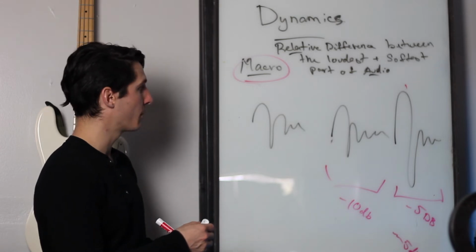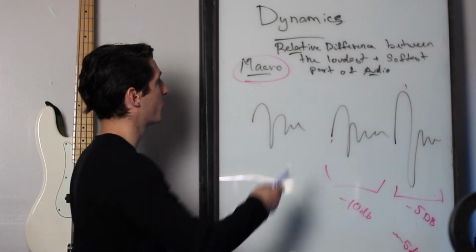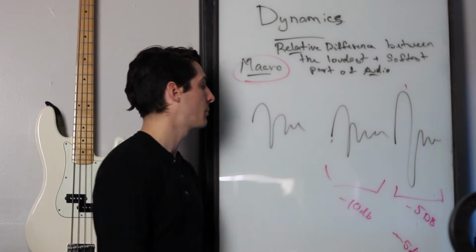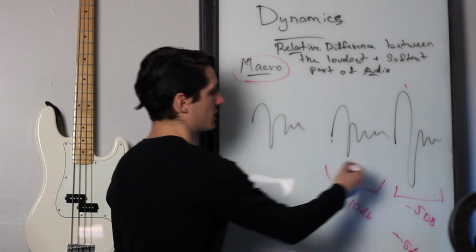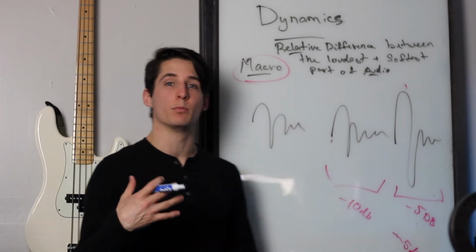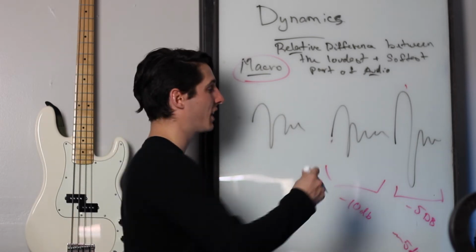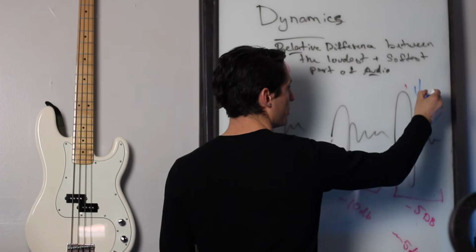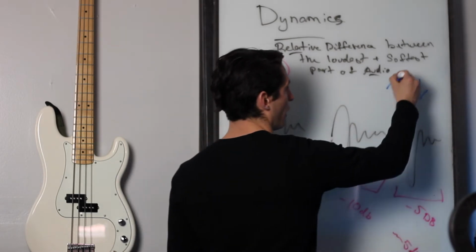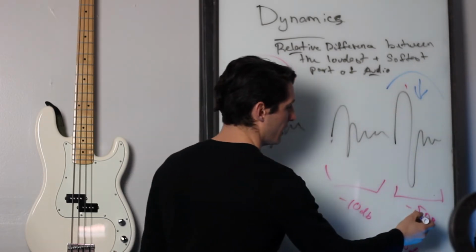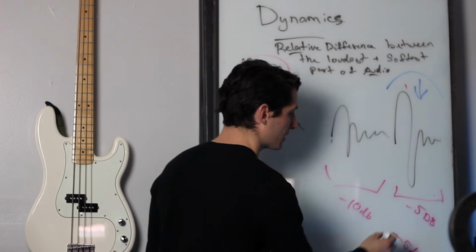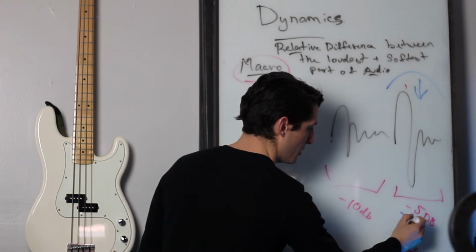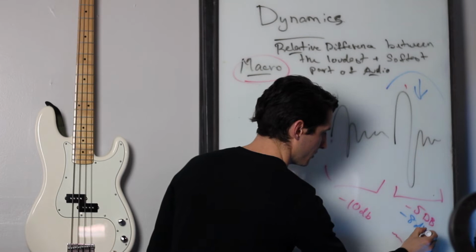And the goal with compression is to be able to control these dynamics. So if we look at these two notes, if we want this take to be more similar relative to itself, we can use compression to turn this entire note down, the whole thing. So instead of being -5 decibels, it could be maybe -8 decibels.